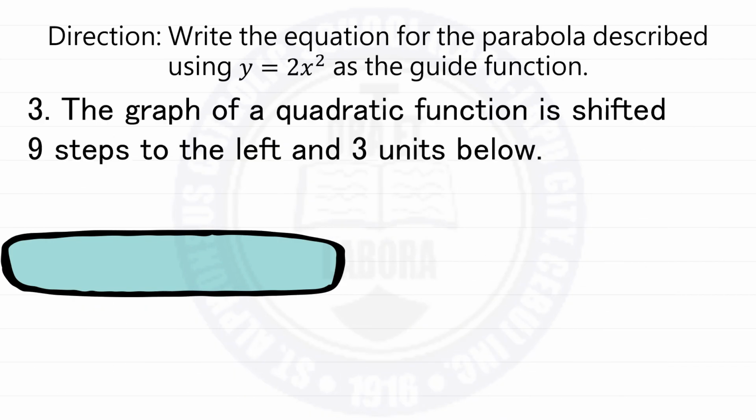Number 3. The graph of a quadratic function is shifted 9 steps to the left and 3 units below. The equation of the parabola is y equals 2 times quantity x plus 9 squared minus 3.